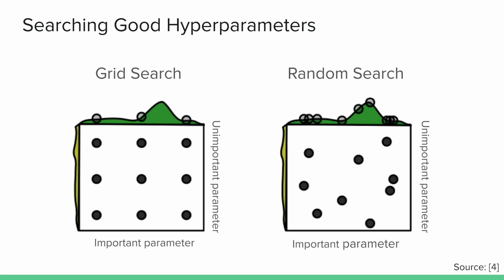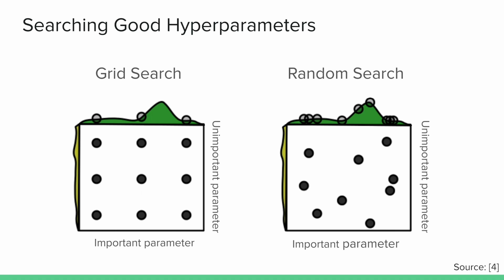The basic insight is that you typically obtain better results with random search versus grid search. As you can see here, you might have one parameter that is pretty unimportant and another parameter that is important. When you do random search, there is a good chance that you will hit the sweet spot for the important parameter, whereas in the grid search, you're probably wasting a lot of time on unimportant parameters.